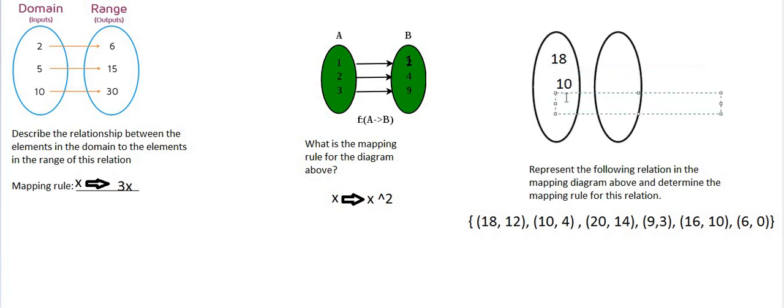So it's going to be 18, 10, 20. I feel like I'm running out of space. 9, 16, and I'm going to do that over because it's running out of space.